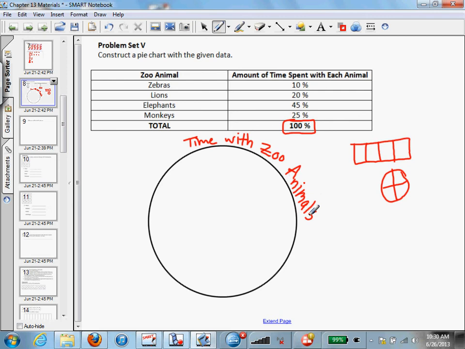Okay, so first, I like to start off with looking at the greatest amount that people spend time with, and that's elephants. And elephants is 45%, so that's near half. So what I like to do is go to about midway, and then instead of half carrying me all the way down here, 45 down here will keep me where I need to be. And this is elephants.